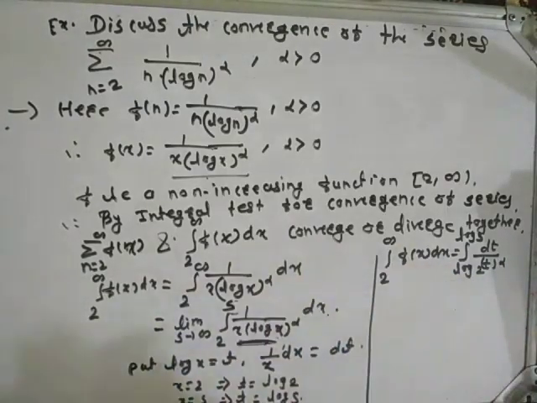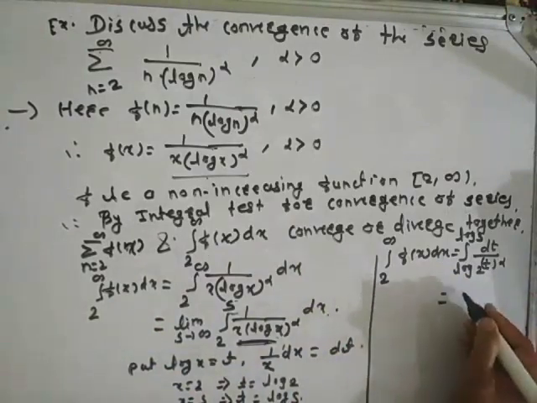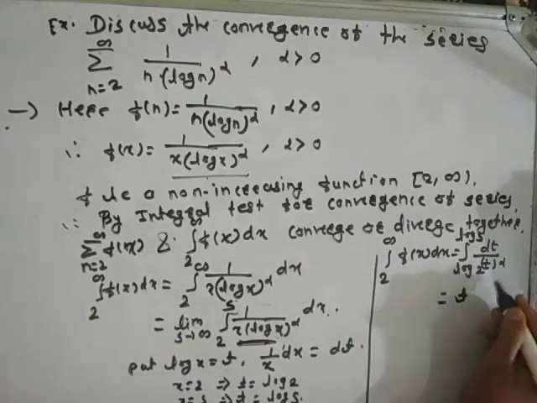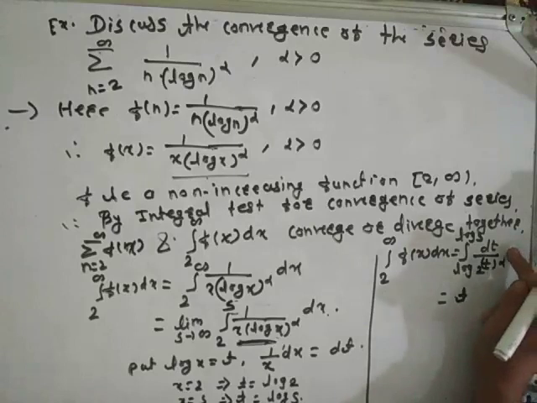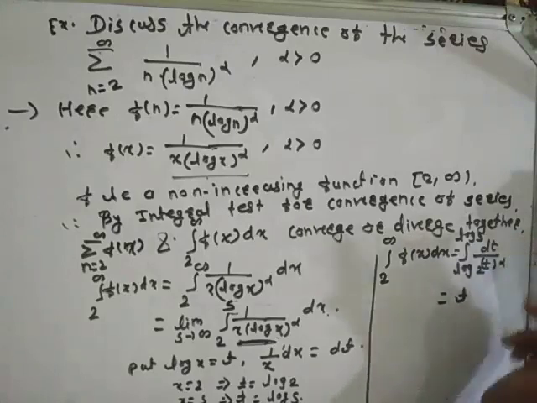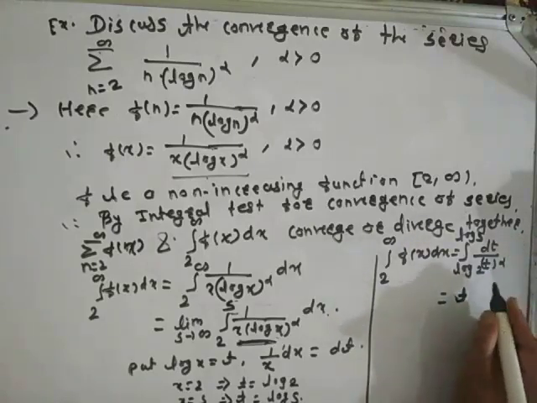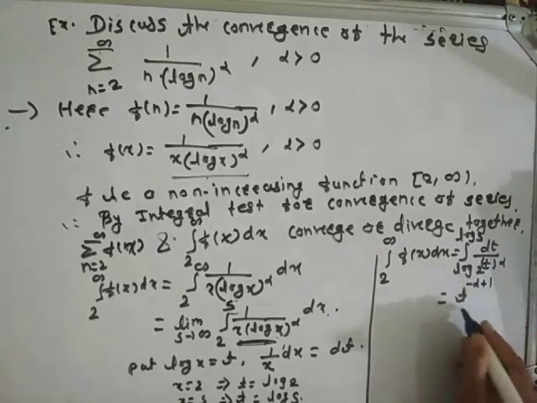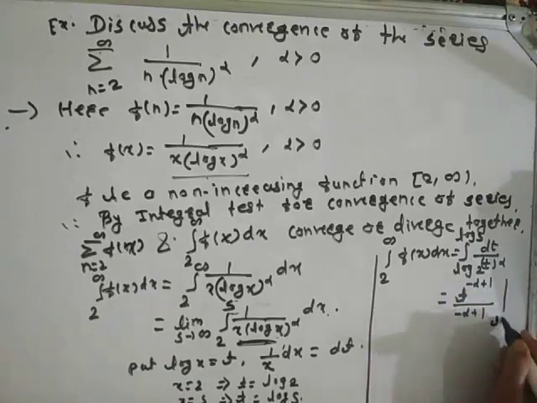Now take the integration. This can be written as t raised to minus alpha, and the integration of t raised to minus alpha is t raised to minus alpha plus 1 upon minus alpha plus 1, with limits from log 2 to log s.